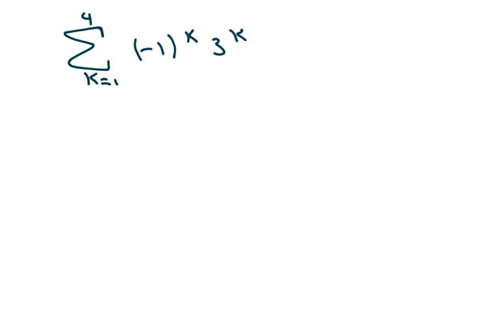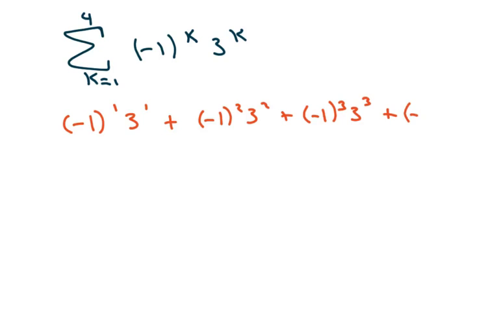Same thing happens here. Luckily, we don't have so many. So that's going to be negative 1 to the first times 3 to the first, plus negative 1 squared times 3 squared, plus negative 1 cubed times 3 cubed, plus negative 1 to the fourth times 3 to the fourth.